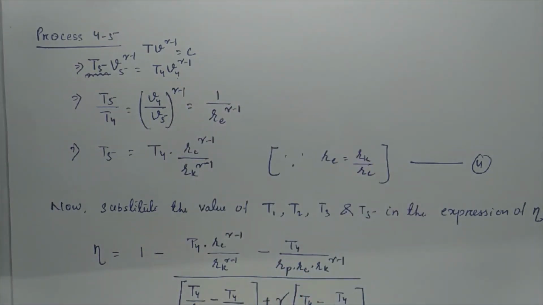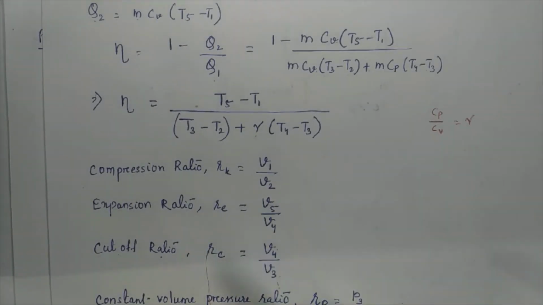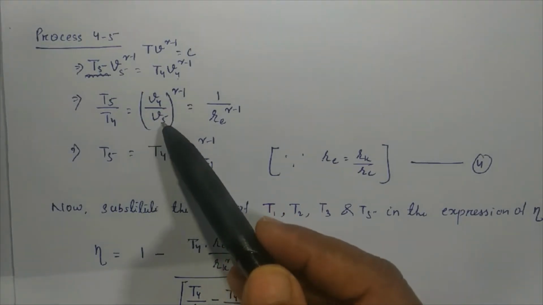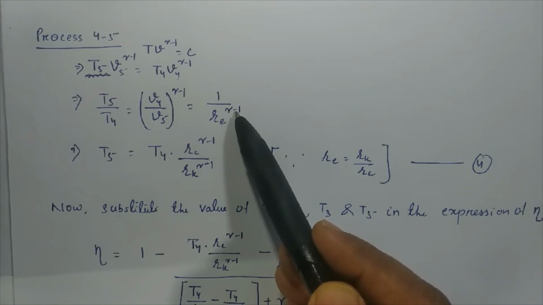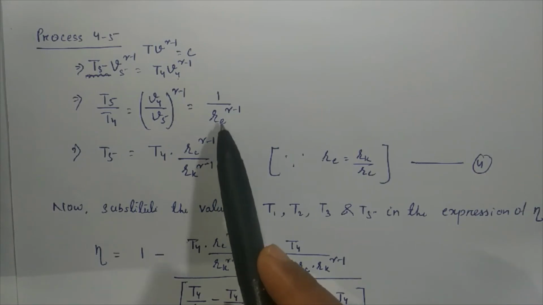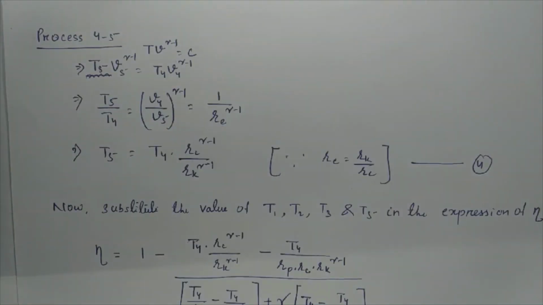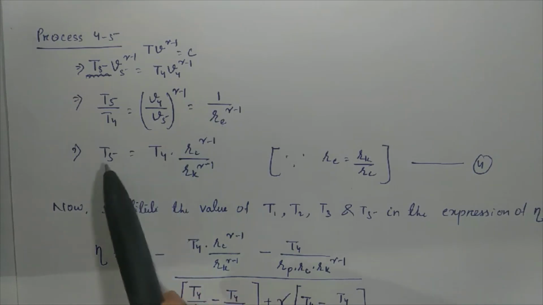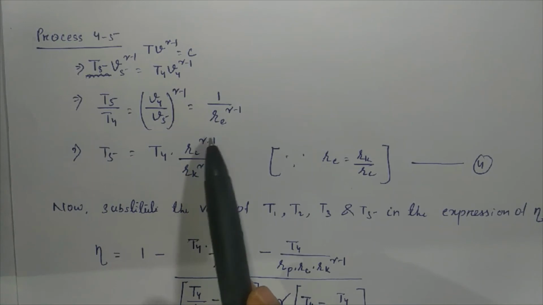We define the expansion ratio Re equal to V5 by V4, so V4 by V5 is 1 by Re to the power gamma minus 1. So T5 is equal to T4 into, in place of Re, we substitute Rk by Rc. So T5 is T4 into Rc to the power gamma minus 1 by Rk to the power gamma minus 1.